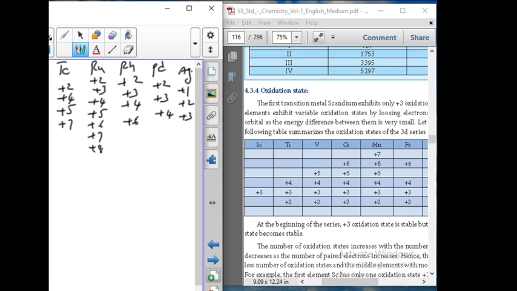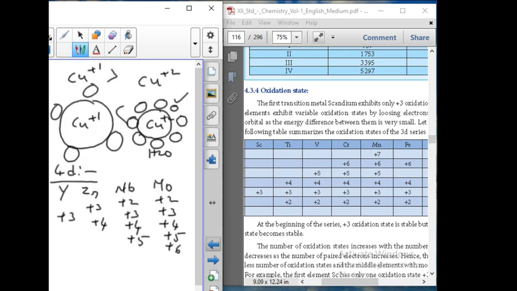Now which is more stable? Suppose each element can show a lot of different oxidation states. Take zirconium: is +3 stable or +4 stable?